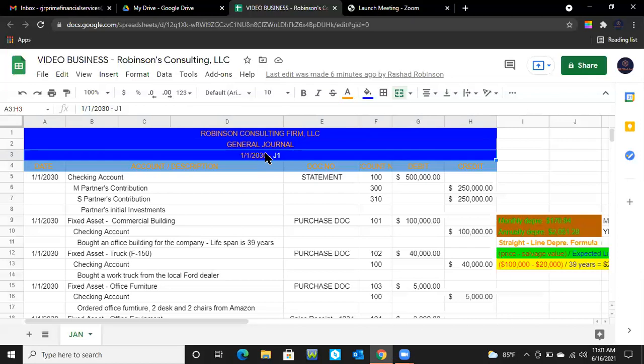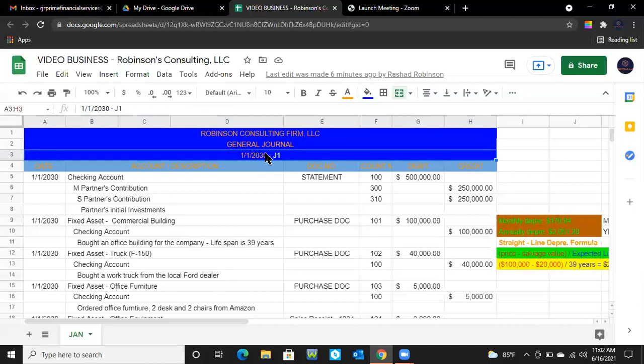So for example, we can say the capital policy will state that any asset over 2,500, we would like to depreciate over the lifespan of the asset. So anything over 2,500, we would depreciate. Anything under 2,500, we would just expense right then and there.